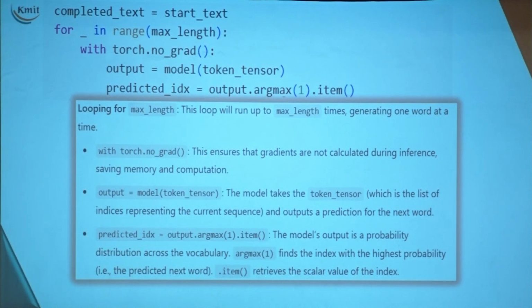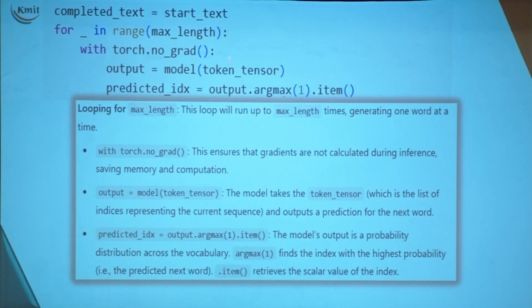Okay. Now here with torch.no_grad, because you are giving the result. This is the inference period of your model. You don't require any sort of gradients here. Gradients are not calculated during inference to save memory and to save computation time. Okay. You will be taking output after you apply this token tensor to your model.